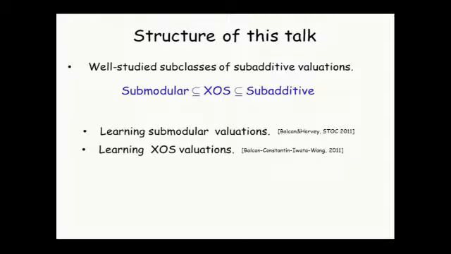More specifically, I'll be looking at learning two interesting subclasses of subadditive valuations, namely submodular valuations and XOS valuations. These are both well-studied classes of valuation functions in economics and algorithmic game theory, with submodular valuations being a subset of XOS valuations, and XOS valuations being in turn contained in the class of subadditive valuations.